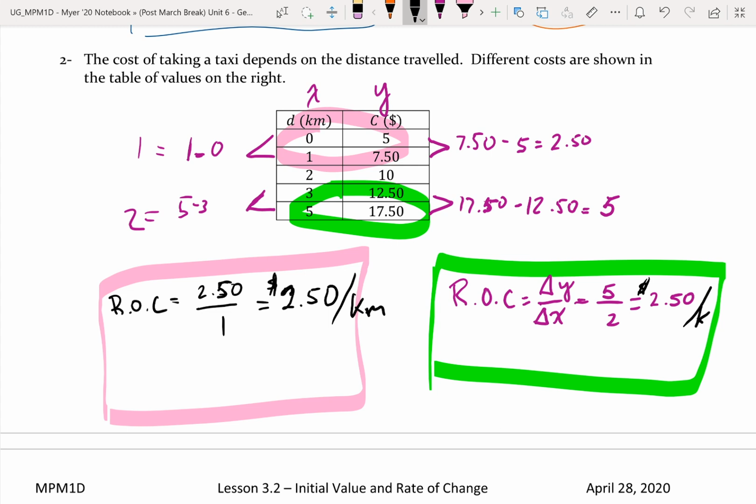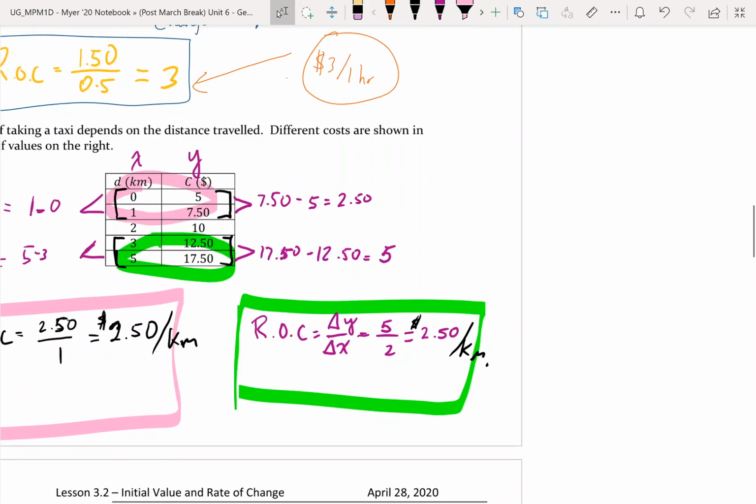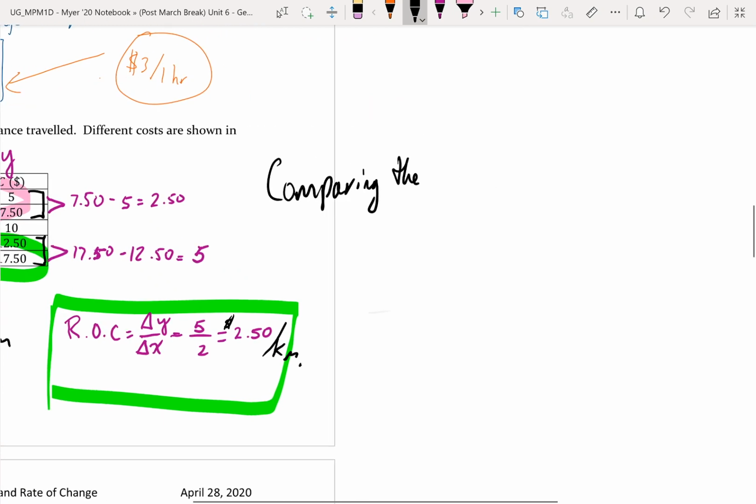So if you look at it, it doesn't matter whether you took the top or the bottom. It just matters that you do kind of a combined foursome. It has to be like this. All right? So you're comparing the difference in y compared to the difference in x. That's all we're doing. So either the change or the difference.